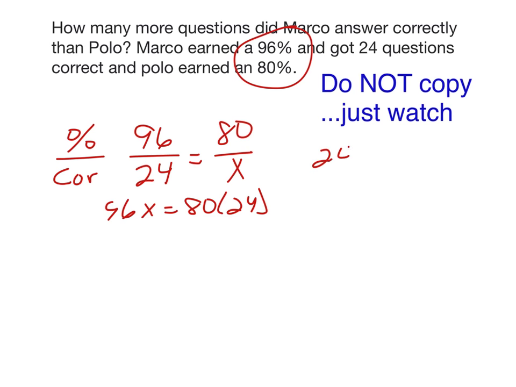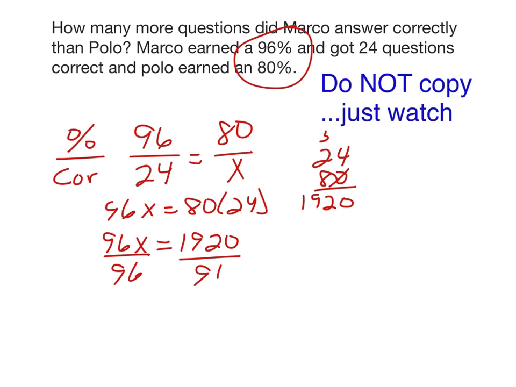So 24, I put 80 on bottom because of that 0. I could put that 0 there and then knock it off. 8 times 4, 32. 16 plus 3 more, 19. So 96x equals 1920. Divide by 96, divide by 96.